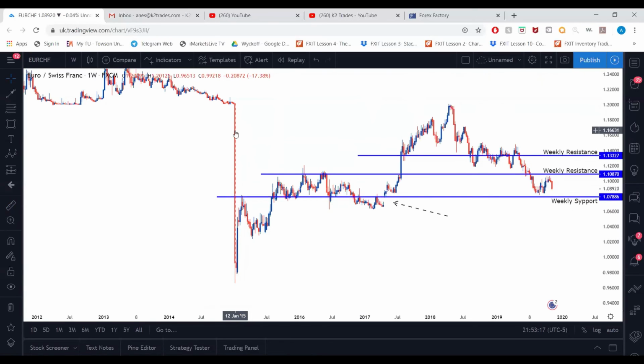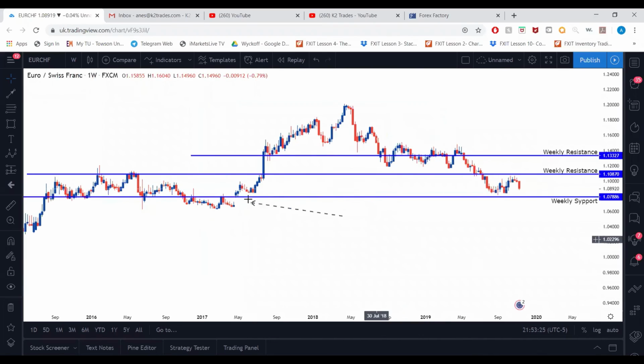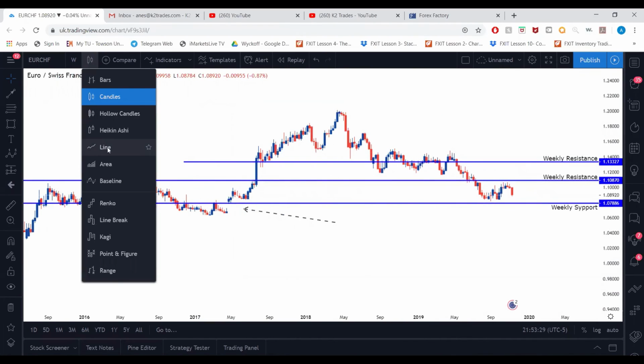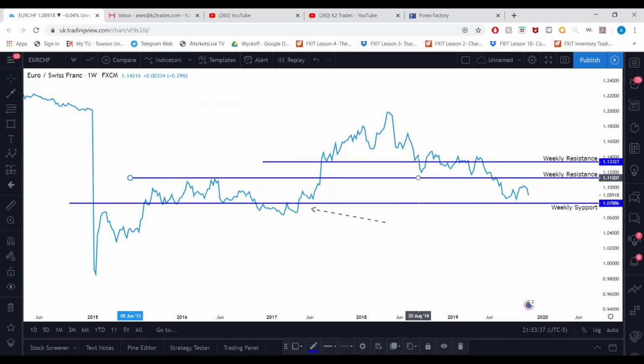January 2015. That's interesting. Anyway, it's coming hard down. Let's just verify our key zone. Yeah, right there. Yep. And I'm going to keep that.